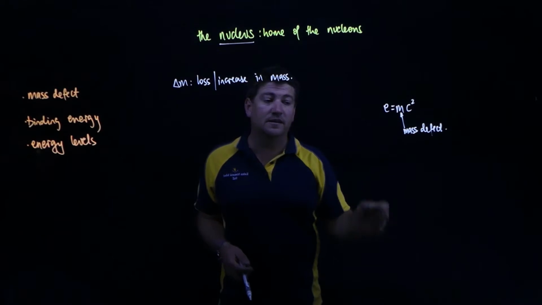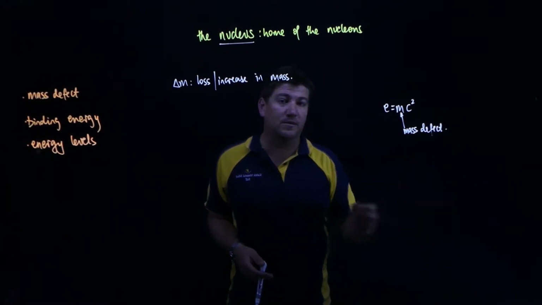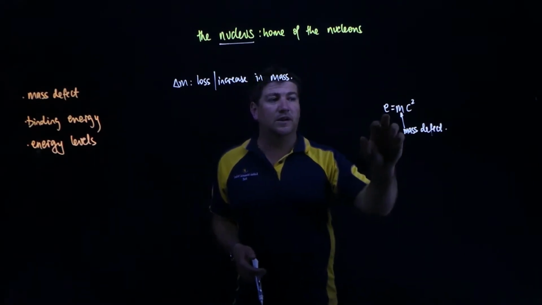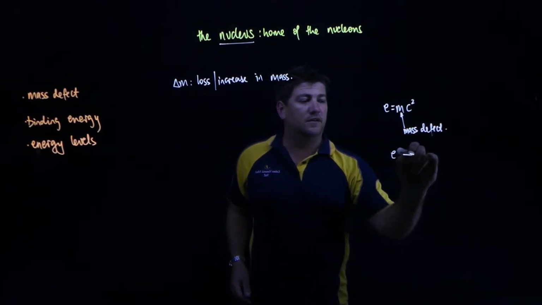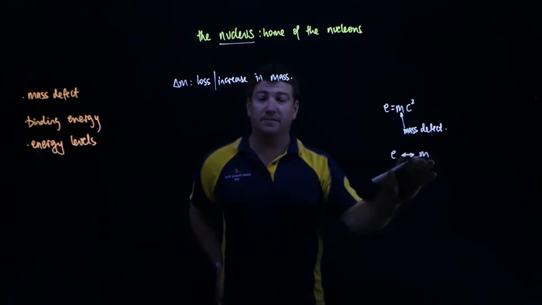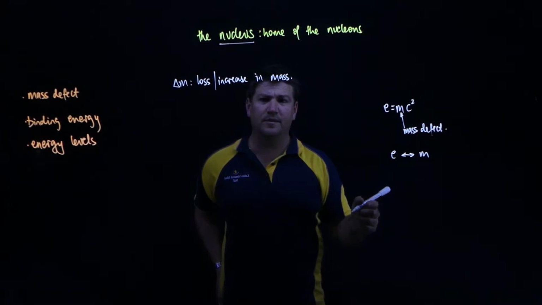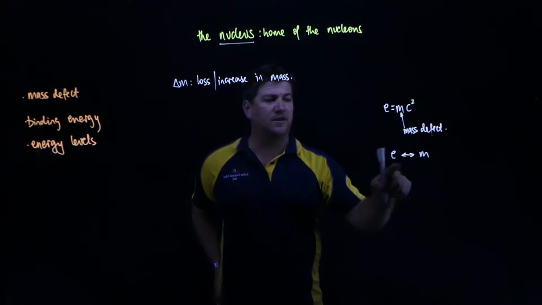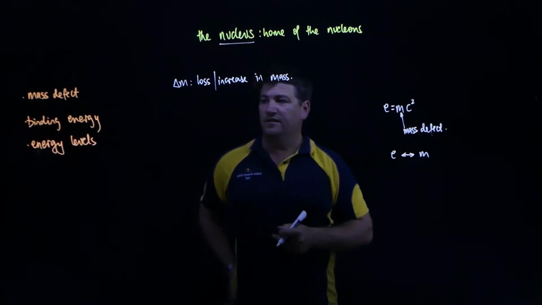If the amount of mass at the end of the system is more than the amount of mass at the start of the system, we needed to put energy in to create that. So there's this link that we can't get away from between energy and mass. So it has to go somewhere. If we're losing mass, we're giving off energy. If we're gaining mass, we're using energy up, or it takes energy to do that.